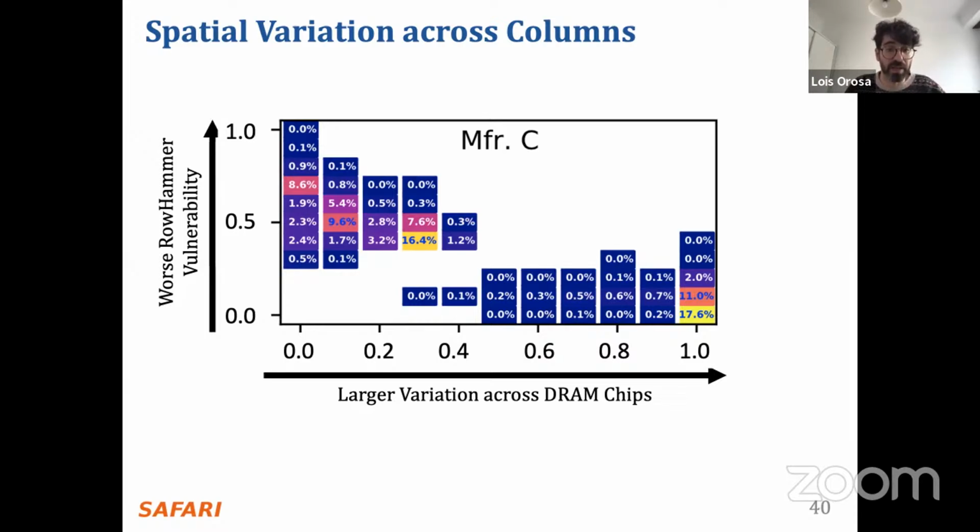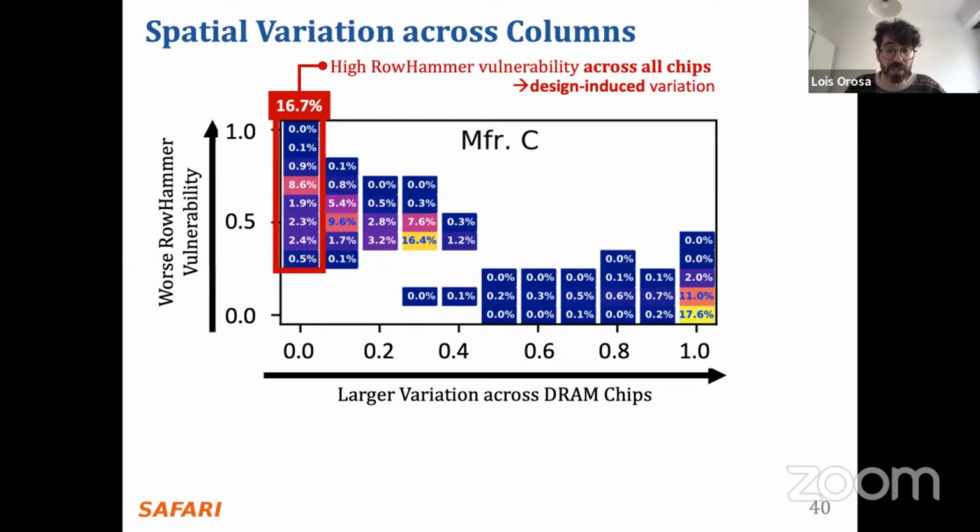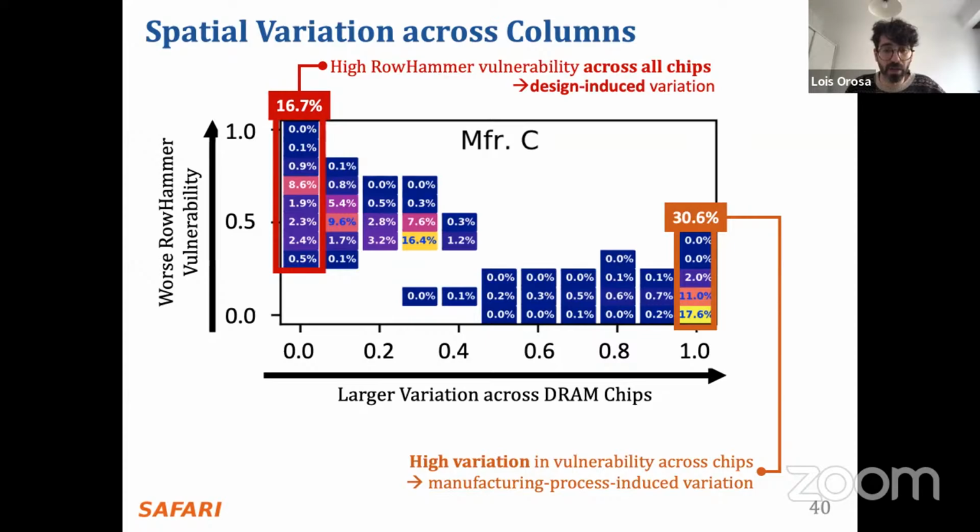For example, 16.7% of DRAM columns exhibit a higher RowHammer vulnerability across all chips, indicating design-induced variation across columns. In contrast, more than 30% of DRAM columns exhibit a high variation in their RowHammer vulnerability across chips, indicating manufacturing process-induced variation.